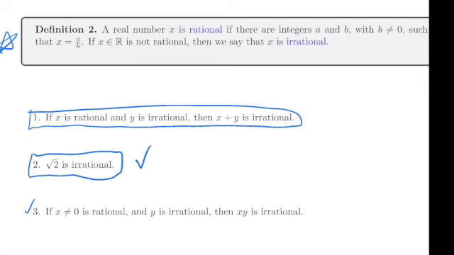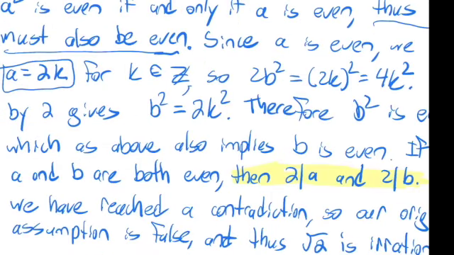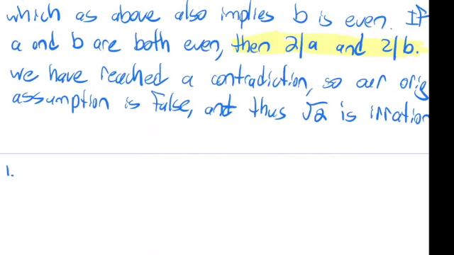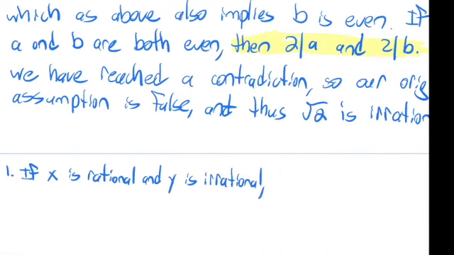We're going to try and prove it using proof by contradiction. Okay, and so here we're trying to show if x is rational and y is irrational, then the sum x plus y is irrational.